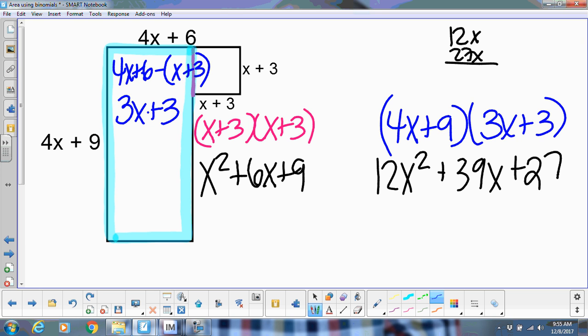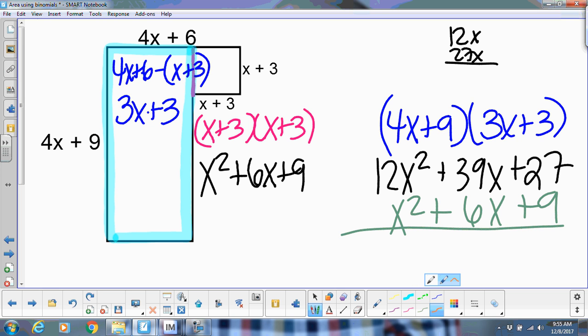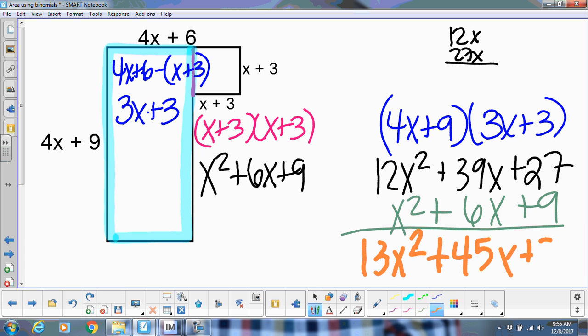All right, add to that your x squared plus 6x plus 9. And we've got a final answer of 13x squared plus 45x plus 36. Is everybody good? Yeah, your exponents are off, and you're going to be adding more than you need to add.